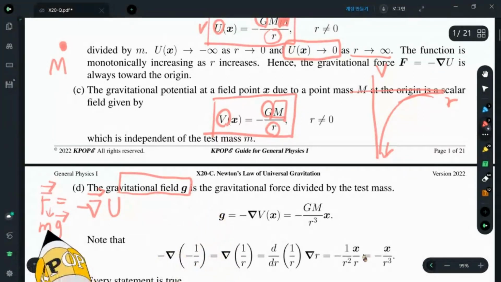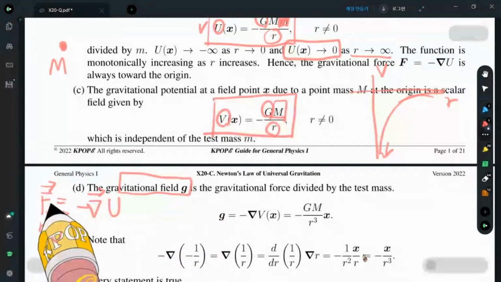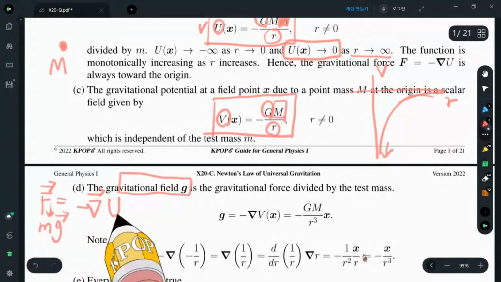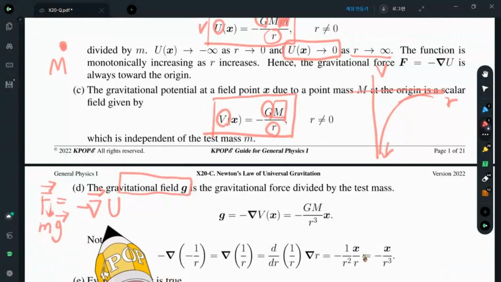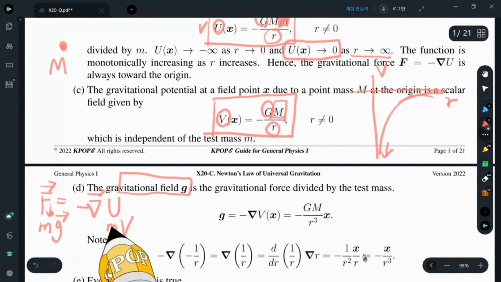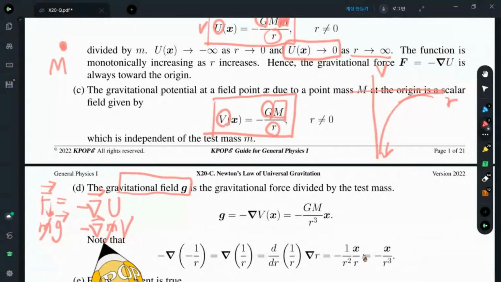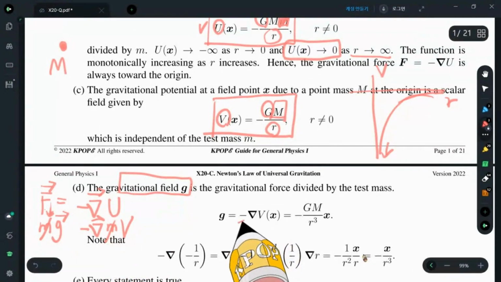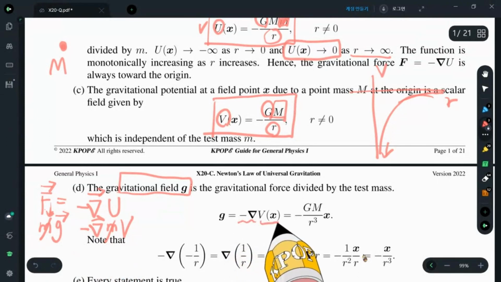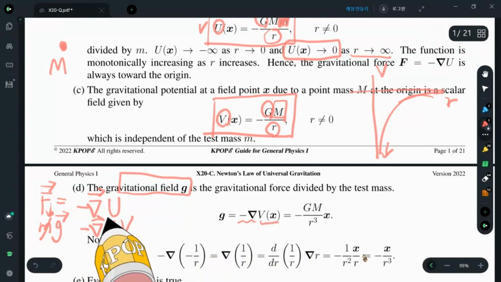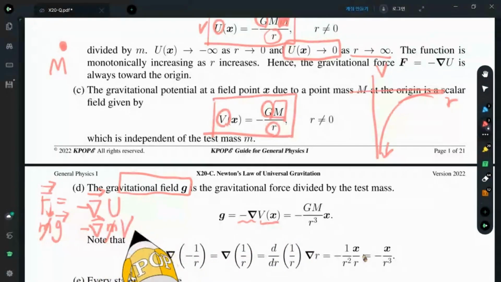So just like what we have done with the gravitational potential energy, which is potential times mass, we divide this mass away, then g is the minus gradient of a potential instead of potential energy. That is mass times the potential.